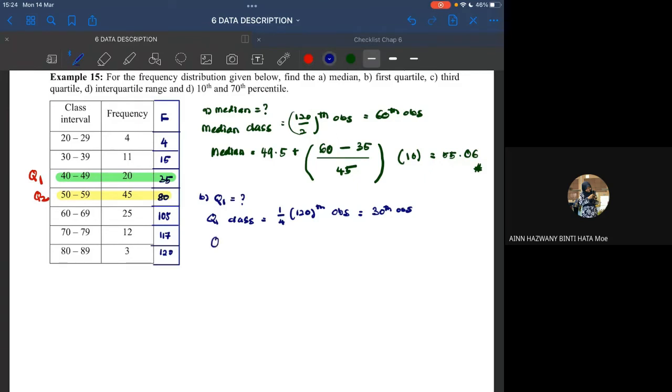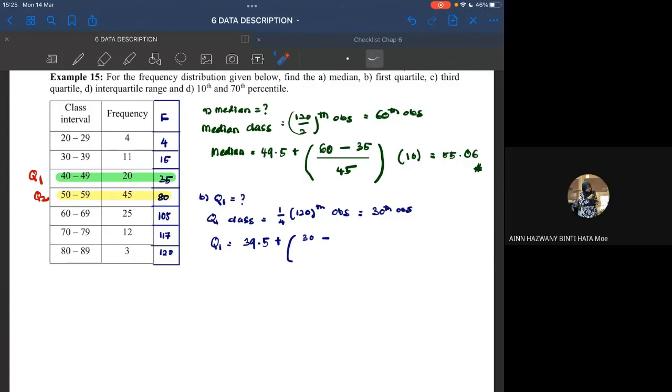So to find Q1, masih lagi formula yang sama. Lower boundary is 39.5 plus the answer from here, which is 30 ataupun N over 4, which is kamu akan dapat 30 lah. Minus apa? Cumulative frequency before. 15.